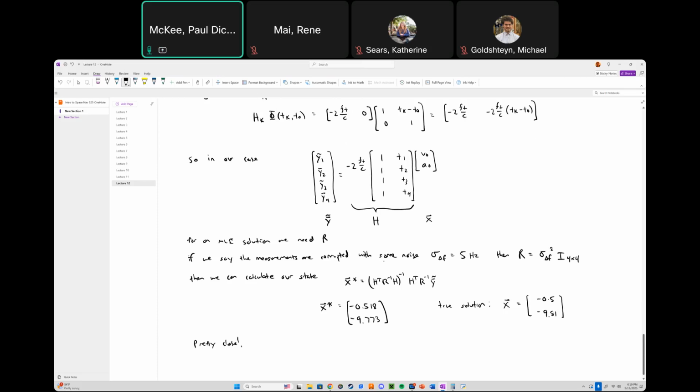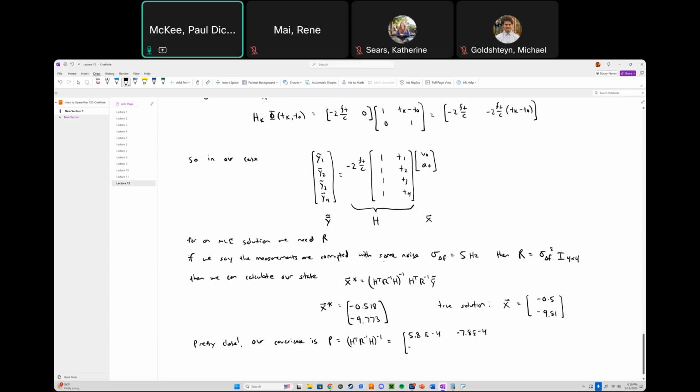Our covariance P is, remember, H transpose R inverse H, inverse. And if we multiply that out, we're going to get 5.8 times 10 to the negative 4, negative 7.8 times 10 to the negative 4.